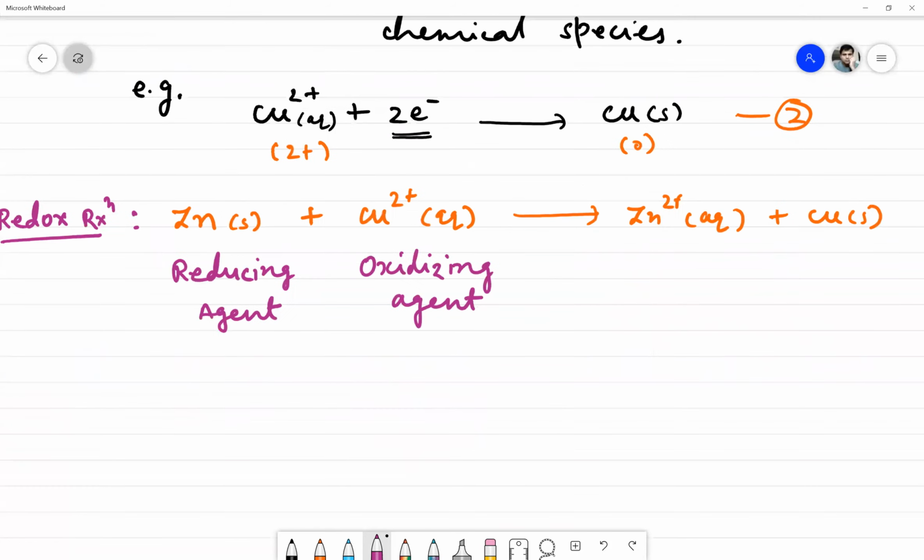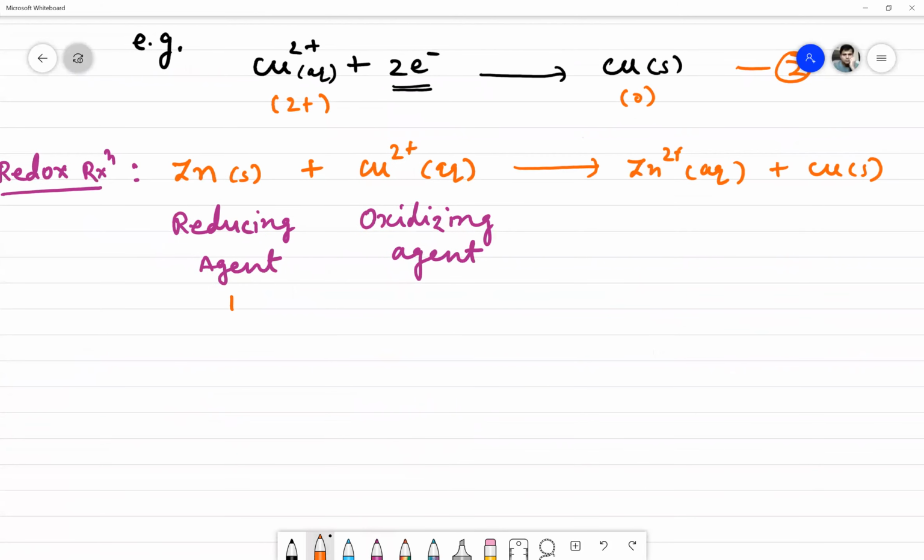So what is the reducing agent? It is the substance which reduces other chemical species and gets itself oxidized, right?